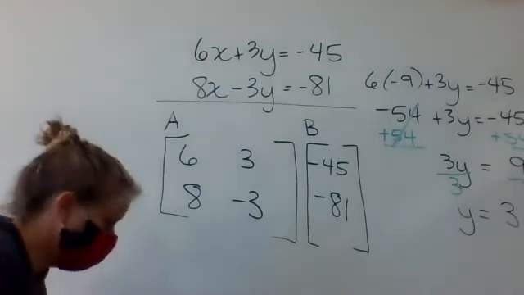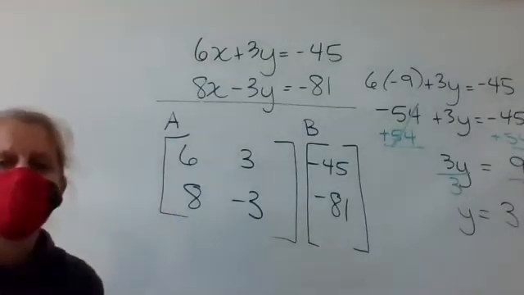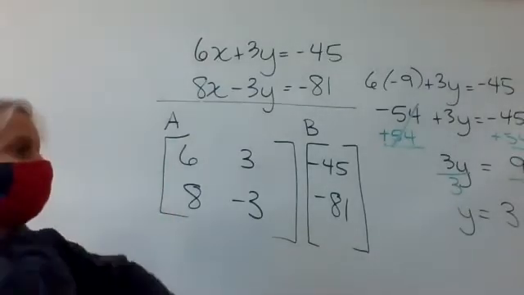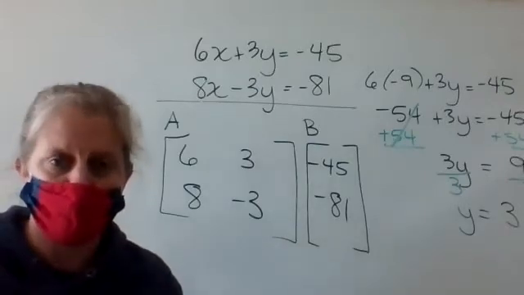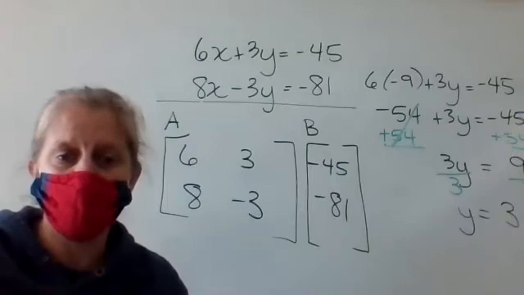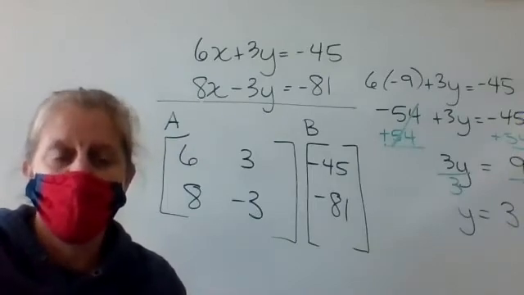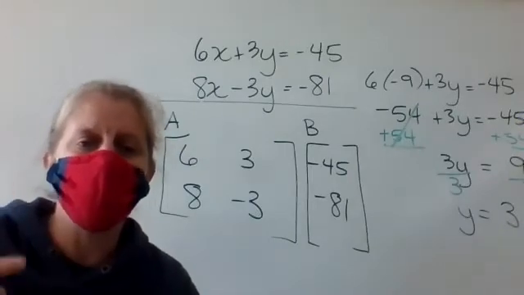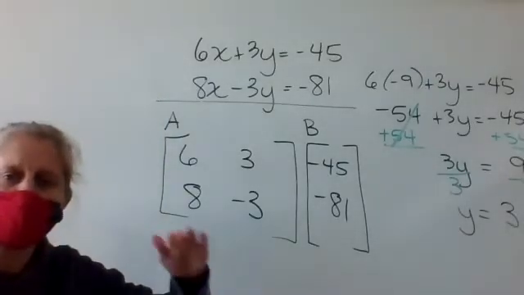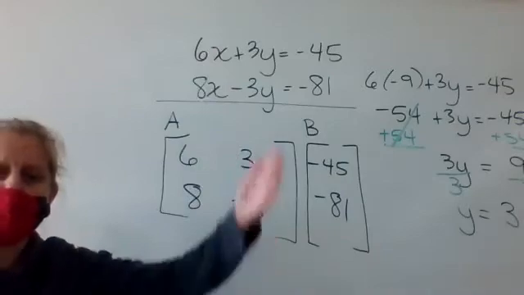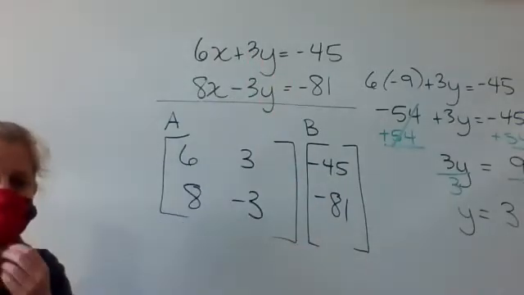Now, when you are going to use your calculator to create matrices, the first thing you're going to have to do is tell it the dimensions of the matrix that you're trying to create. What I mean by that is the dimensions tell your calculator how many rows you are trying to make and how many columns you are trying to make.